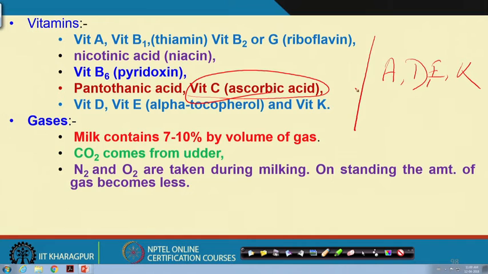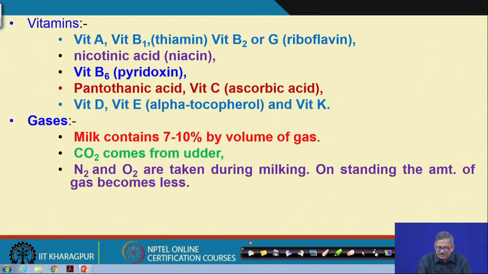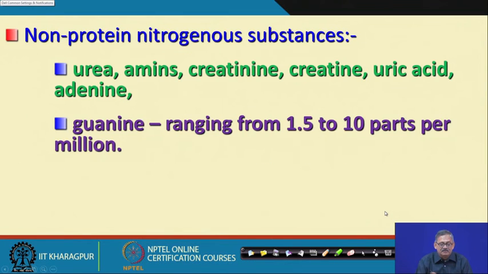Now, we come to the concluding part of the milk constituents, that is, what milk is made of. Vitamins we have already said, gases we have already said, and some non-protein nitrogenous substances are also there, like urea, amines, creatine, uric acid, adenine, guanine, ranging from 1.5 to 10 parts per million, right.